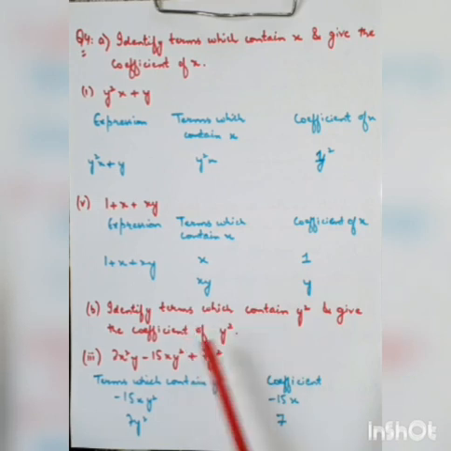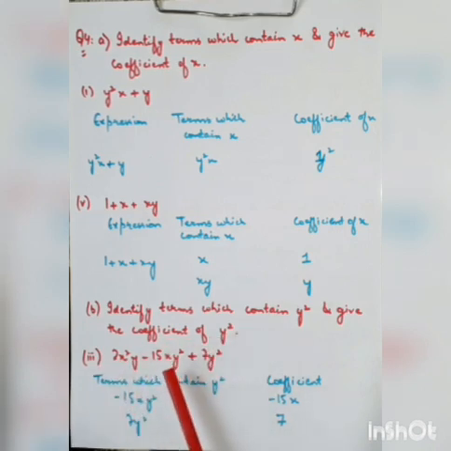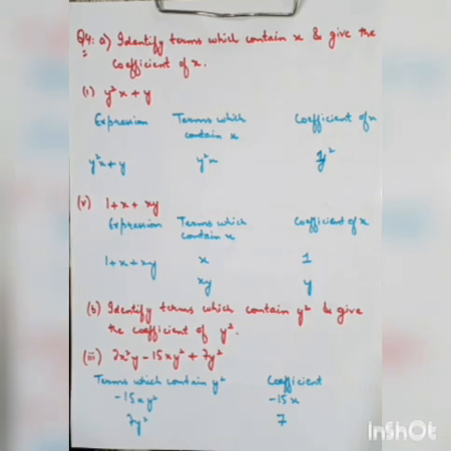So this is the expression here, 2x square y minus 15xy square plus 7y square. So in which terms is y square? This one and this one. So these are the two terms which contain y square, and this y square has coefficient minus 15x here and this y square has coefficient 7 here. Okay. So students, solve the rest of the parts of this question also yourself.